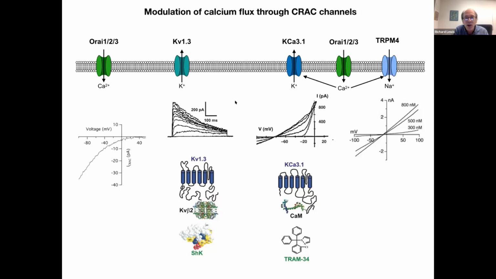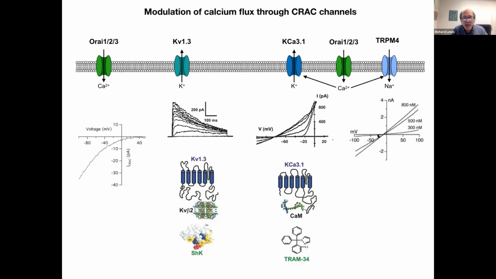Any inward movement of calcium through the CRAC channel would tend to depolarize the cells, activating potassium efflux here and also here, and this outward current will tend to repolarize the cell, while the calcium elevation activating TRPM4 activates this non-selective current, which at resting potentials of the T cell around here is going to conduct an inward current which tends to depolarize the cell.